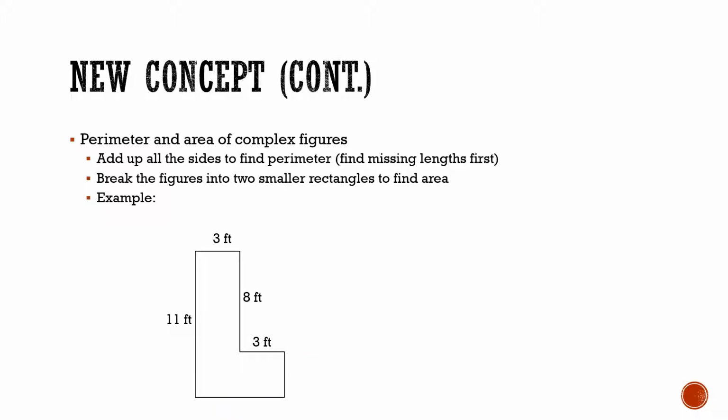So let's use what they've given us. If we know that this is 3 feet and this is 3 feet, then this side right here is just those two put together. So that means that this length would be 6 feet.